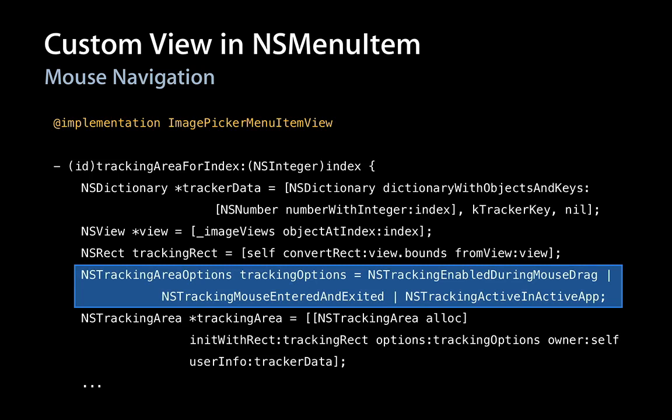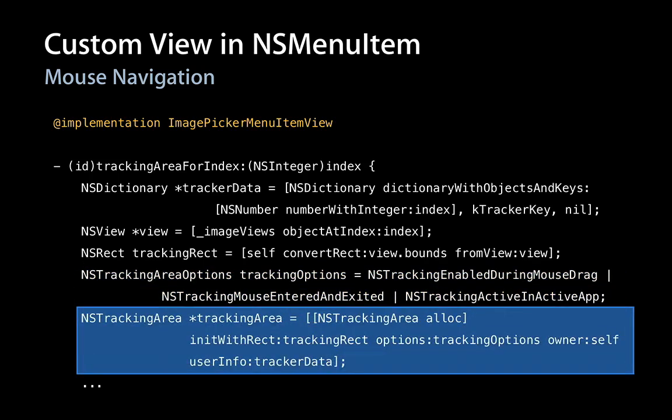When the menu is up, your app is active. That works great. And if anything happens that's going to require your app to lose activation, the menu is going to go away anyway. So that's a nice little option to add on there as well. Now that we have all of that figured out, we can go ahead and call NSTrackingArea alloc initWithRect, the tracking rect in our local coordinate system that we determined earlier, and the options that we figured out up above.